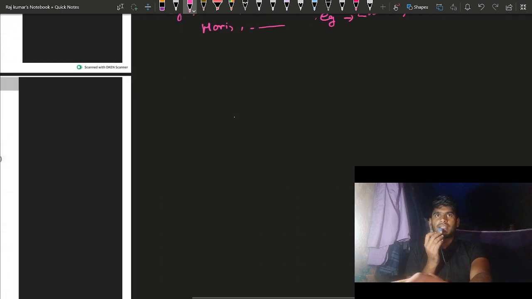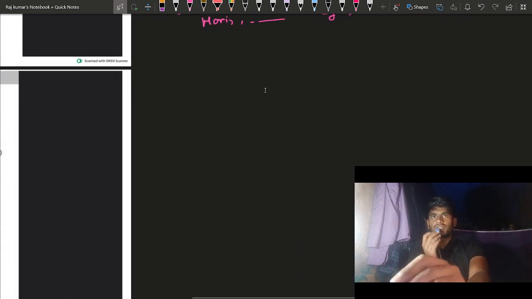Here I make a diagram, so you also make a diagram. This is very important to understand this concept. Just a minute, I want to change the color.